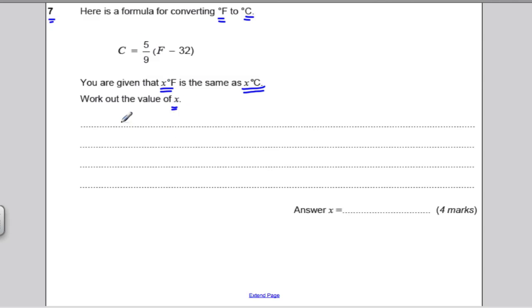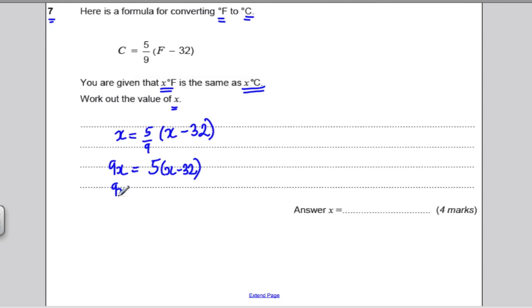So substituting x in, we have x is equal to 5/9 times x minus 32. Now the aim of the game is to solve for this and find x. So multiply both sides by 9, you get 9x is equal to 5 times x minus 32.